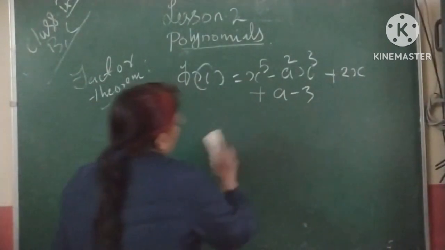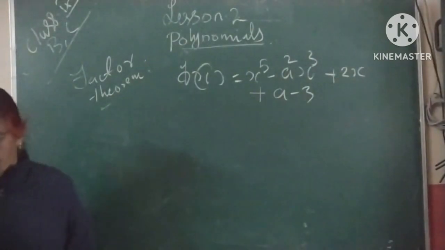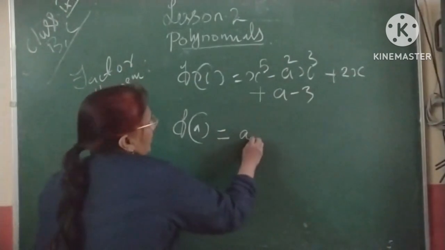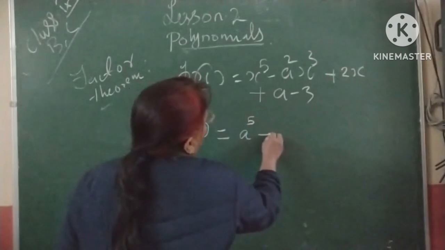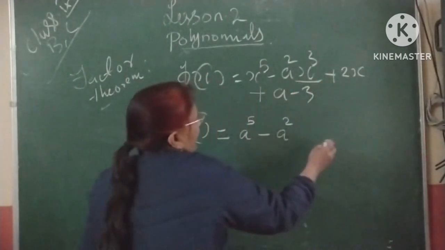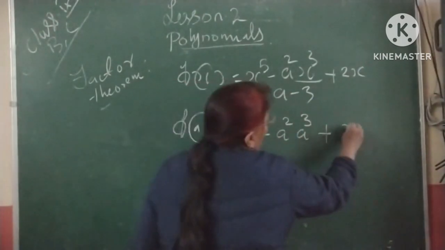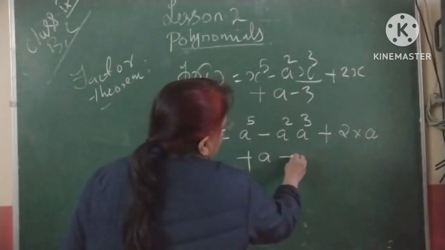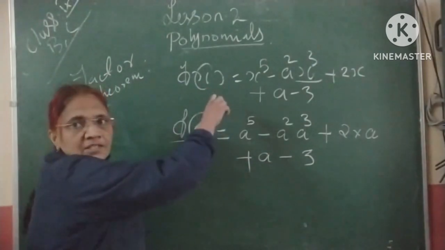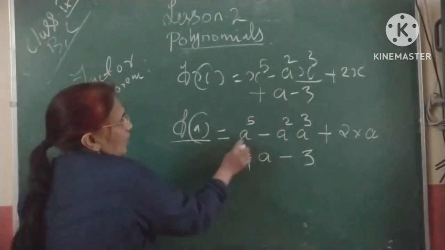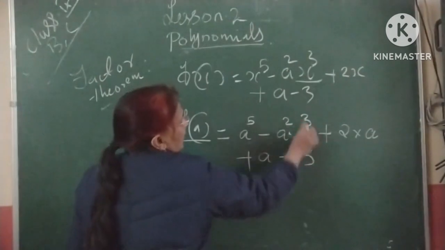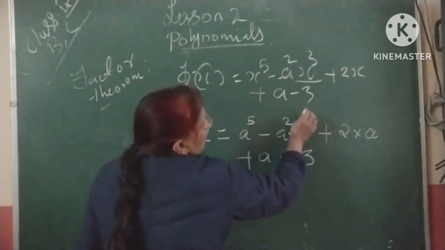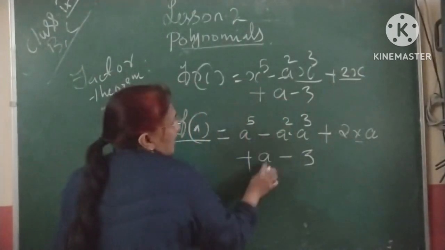Now f of a equal to a to the power 5 minus a square, instead of x we can write a cube, plus 2 into a, plus a minus 3. Instead of x, we can substitute a.